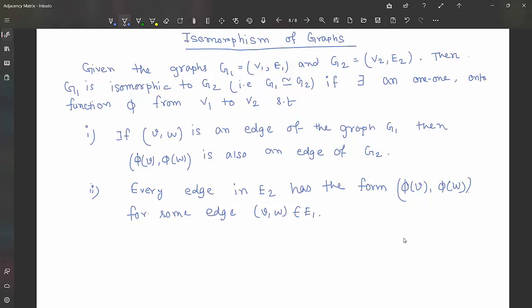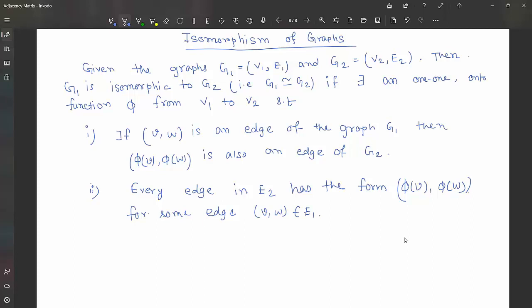So this is the onto condition. That means if you take any one edge from the graph G2, then you will get a correspondence in the graph G1, and it holds for every pair of vertices.